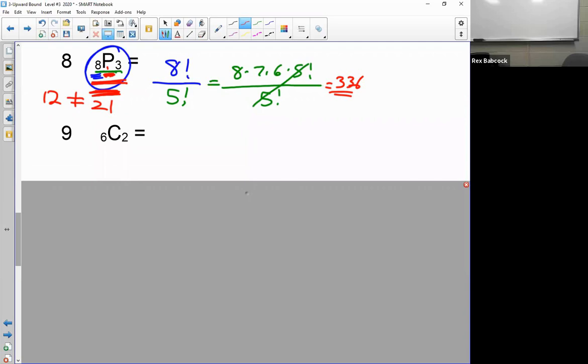Well, if you do a permutation, you do a combination. If I would do this, it's 6 factorial, starts out the same way, over 6 minus 2, which is 4 factorial. But in a combination, you also pick up whatever this is, factorial. So this would be 6 times 5 times 4 factorial over 4 factorial times 2 factorial.